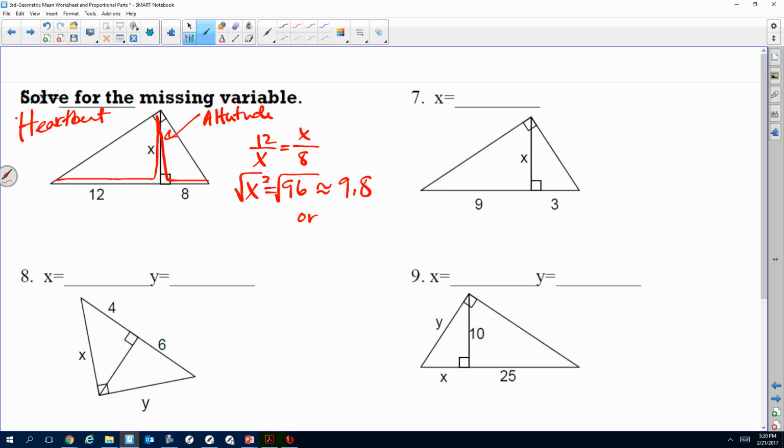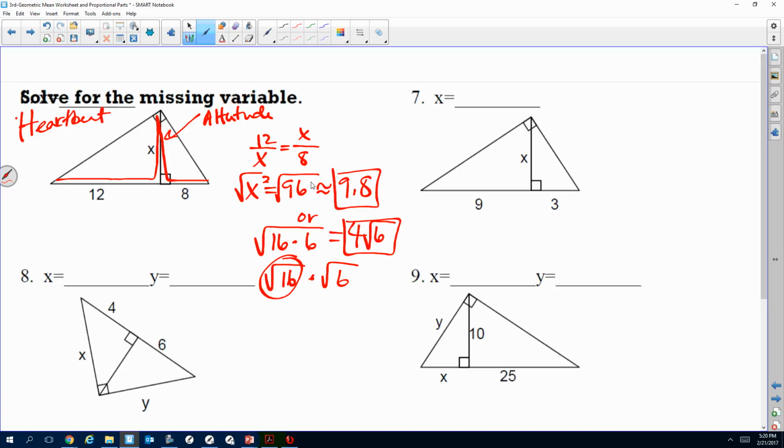Or we're going to simplify this 96. 96 can be broken down to 16 times 6. So basically what I'm doing is taking the square root of 16 and the square root of 6. Square root of 16, this is a perfect square. That's just 4. 6 is not a perfect square. So that just leaves me 4 square root of 6.